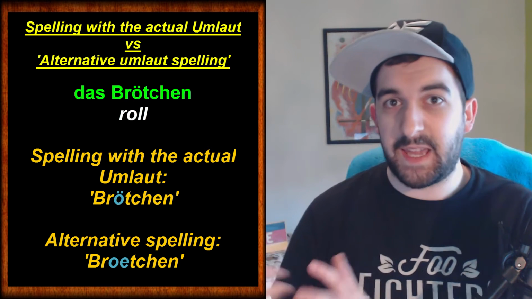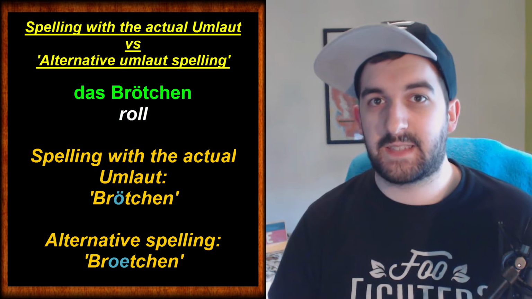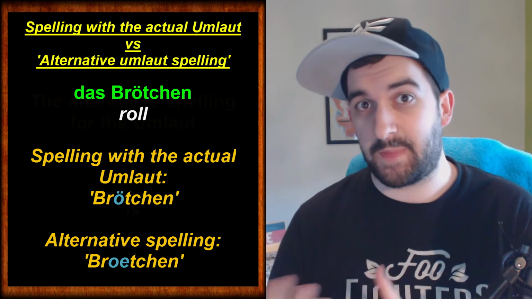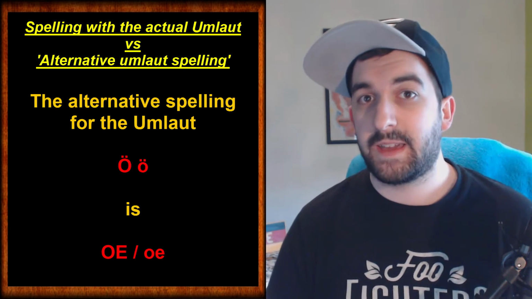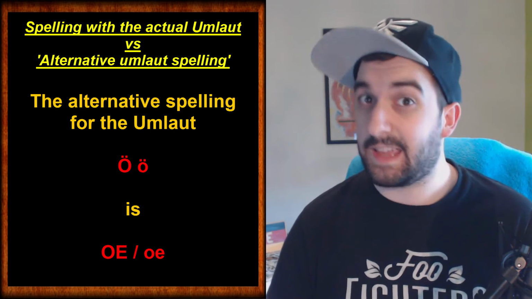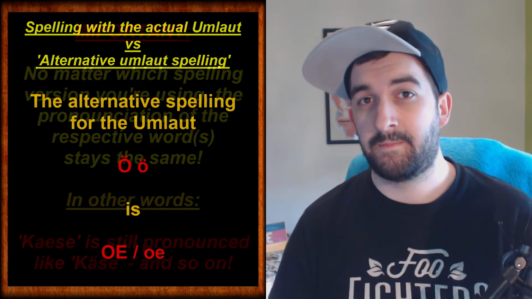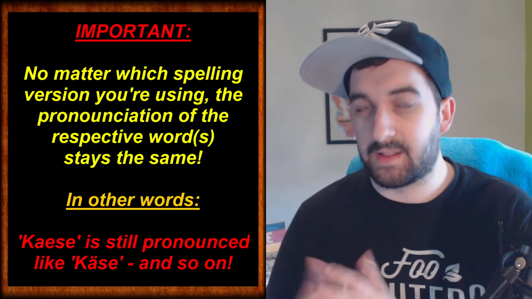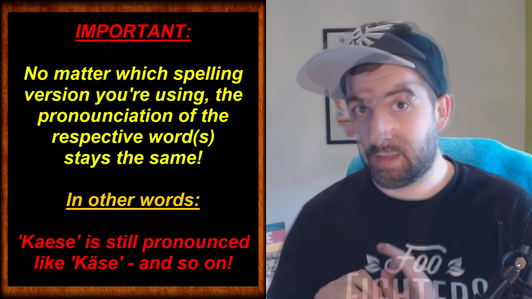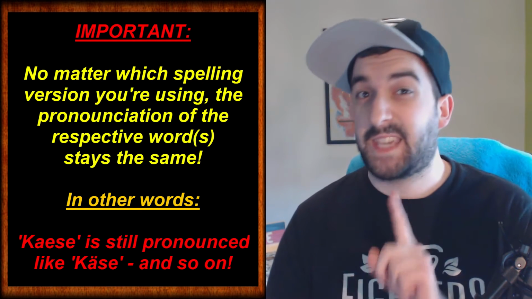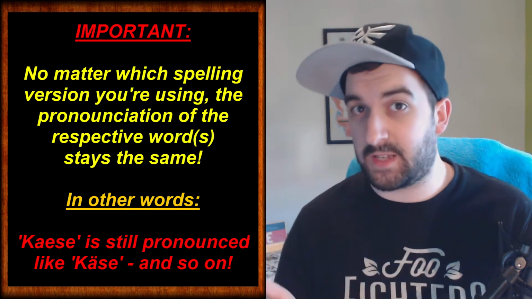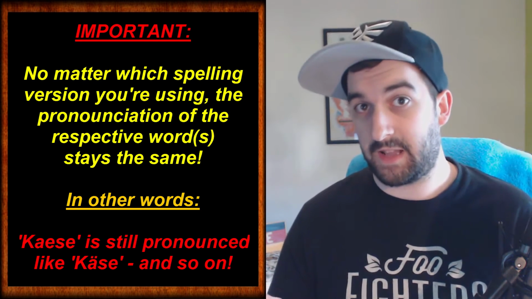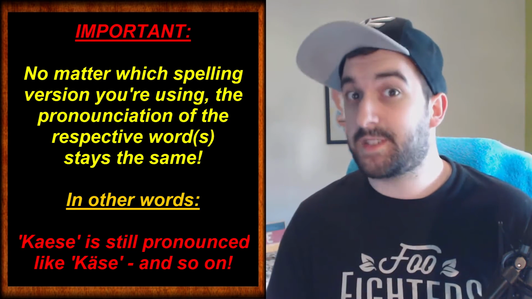So it's either B, R, Ö, T, C, H, E, N with the umlaut Ö, or you could spell it B, R, O, E, T, C, H, E, N. Brötchen. So although you spell it differently in all of those three examples, the pronunciation stays the same. So in all cases it's Käse, Gemüse, Brötchen, whether you spell it with the actual umlaut or with the alternative spelling. The pronunciation stays the same.